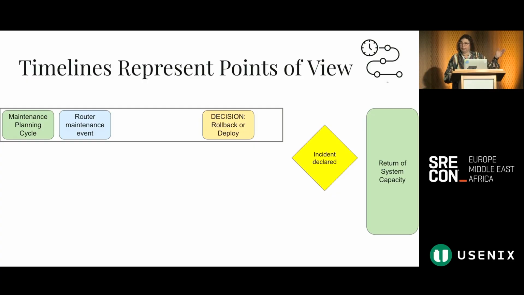I'm going to start with the planning process for the maintenance event. There was a scheduling process about that. How did it not take into account information that people on the other side of the organization knew and the ops team didn't know?